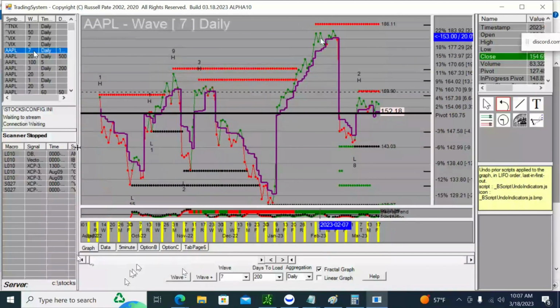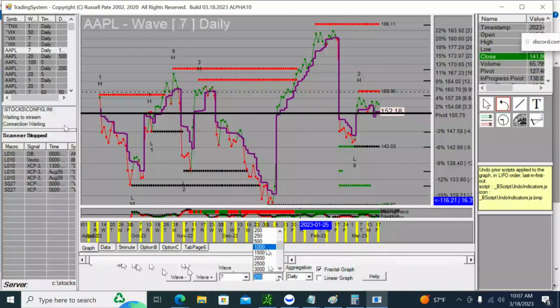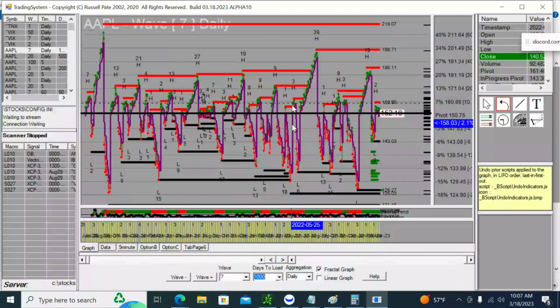Because these big ups like this, I don't know, even over all these years from 2020, it's not like these are real regular events. They're kind of followed by consolidation periods.